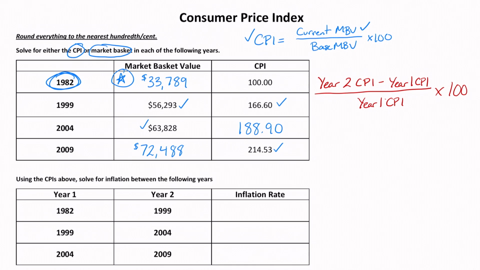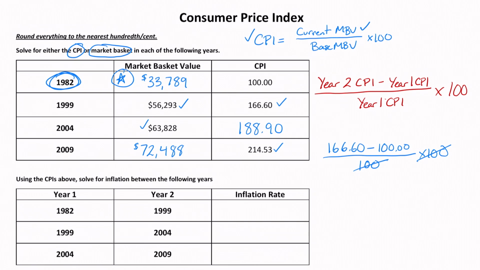So we want to take our year 2, our later of the 2 years. The later of the 2 years was 1999, and the CPI there was 166.60 minus whatever it was in 1982, 100, divided by whatever it was in our earlier of the 2 years, which was 1982, 100, times 100, right?